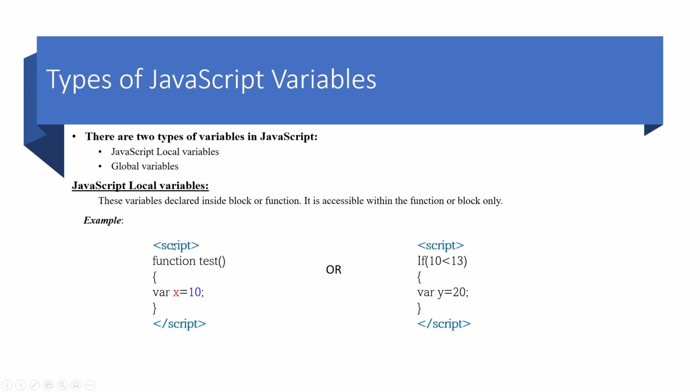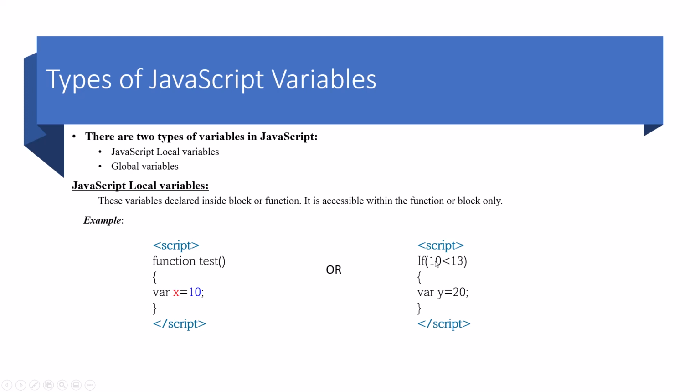In this script we have one function test in which we have declared a variable. The variable name is x and it is initialized to the value 10. This variable is declared and initialized within the function, so its scope is within the function only. We cannot use this variable outside the function.